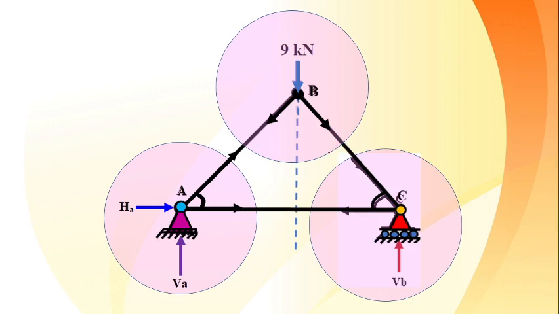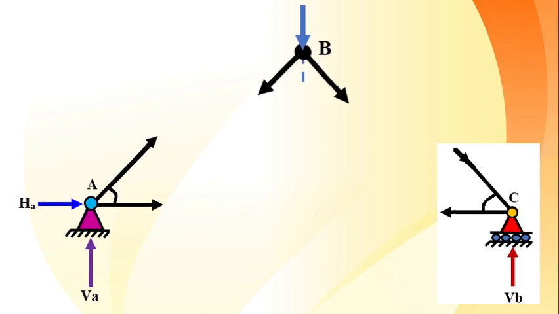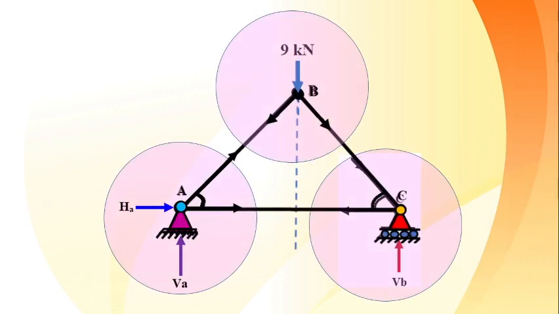But the moment I isolate the joints from each other, is it okay? I will draw a separate free body diagram for B, for A and for C. Let us see how that is to be drawn. So here these are the three. Check it once again. Whatever is available in each of the three circles is to be exaggerated and taken as the free body diagram of joint A, joint B and joint C. You can see here HA, VA, force in AB, force in AC.